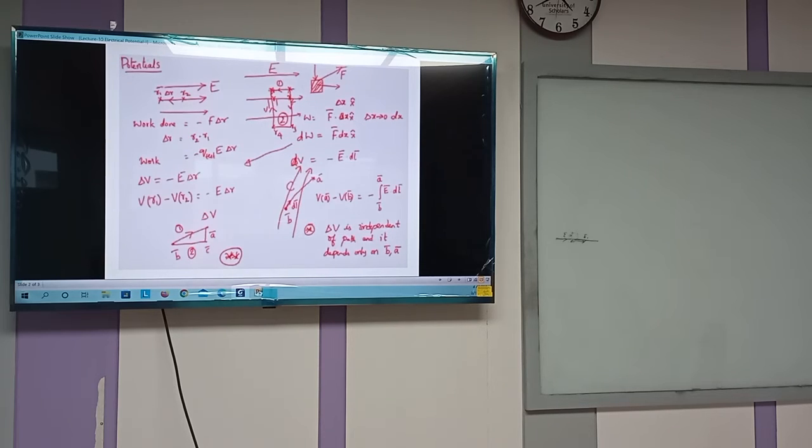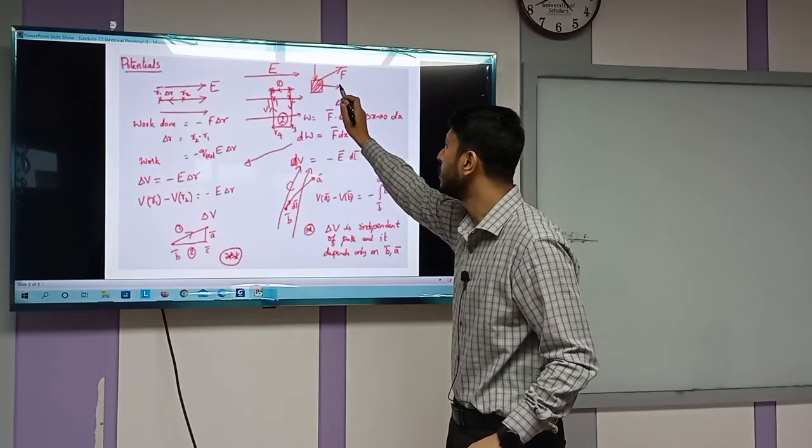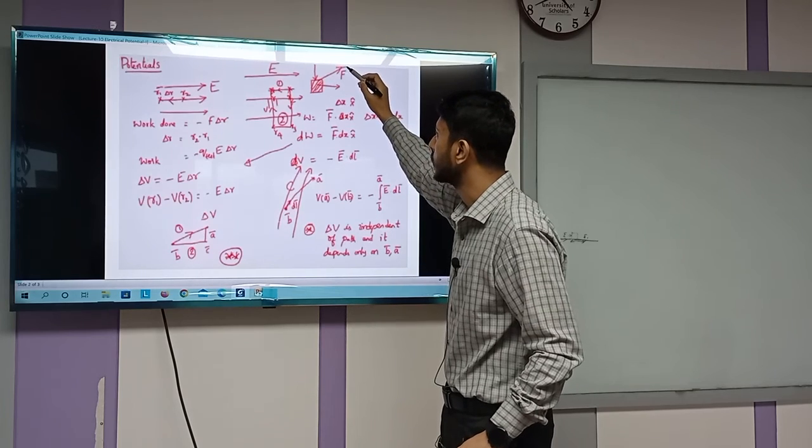Sometimes I might choose a path in which the electric field would be making an angle with respect to the path along which I am moving the charge. So it does not mean that the electric field will be only in this direction. It could be along this way as well.